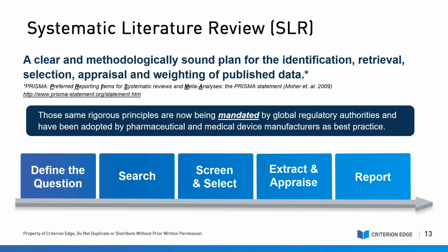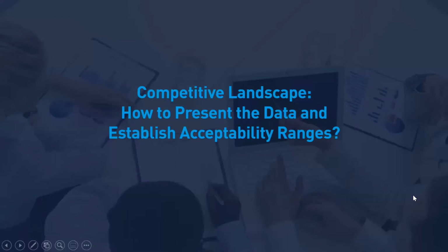So you want to be able to present this data that's been extracted, but you also need to document and present the process by which you arrived at this data set. Okay, and that brings us to the final step, which is the data presentation. So how do you plan to extract, assemble, present, and ultimately synthesize the data that you've collected to arrive at your goal, which is acceptability criteria for your subject IVD?